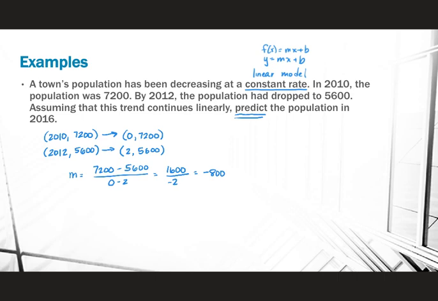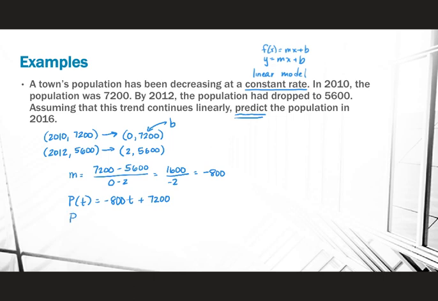So population as a function of time is going to be negative 800 times the number of years plus 7,200, because that's the b value I have when I made that year 0. That's why we make it year 0.